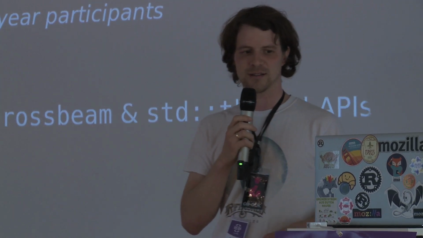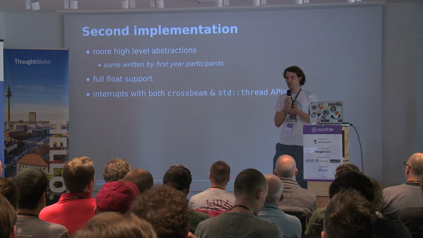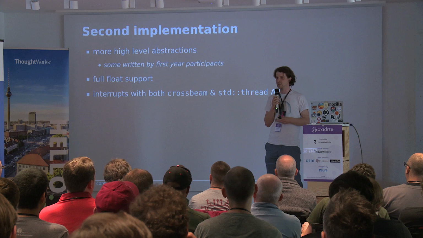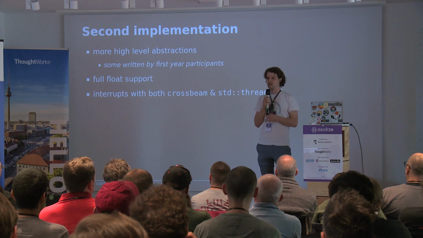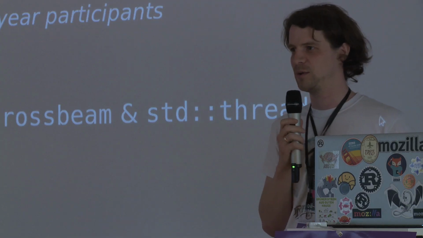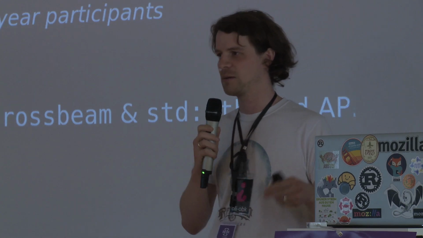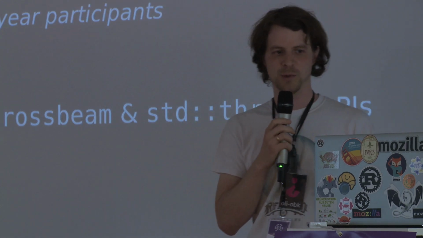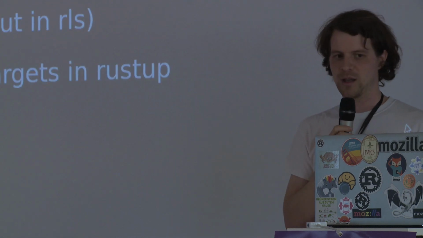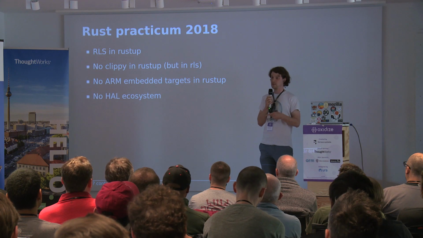And then the API looks like what you know, so you just keep on writing the code as you did, and you don't have to use static variables to exchange data between interrupts and your main code. And so yeah, that was pretty cool. We had that in the next year. So in the next year, we actually had RLS and rustup.